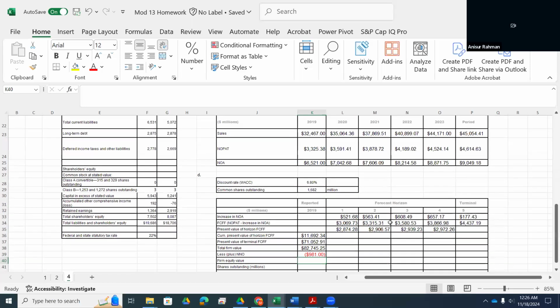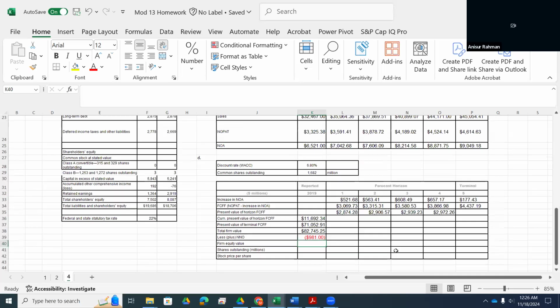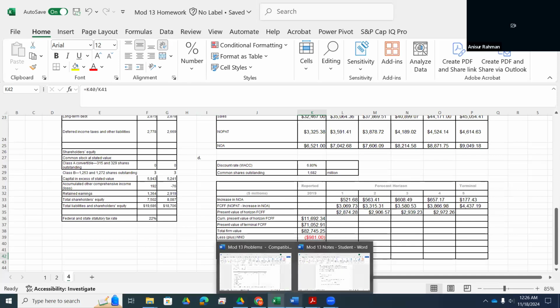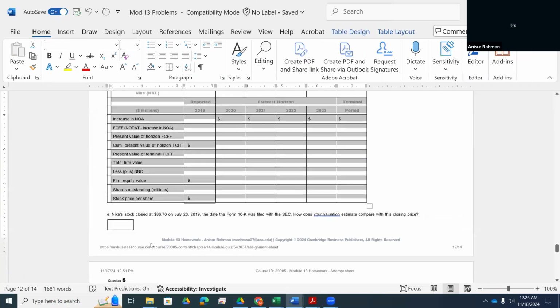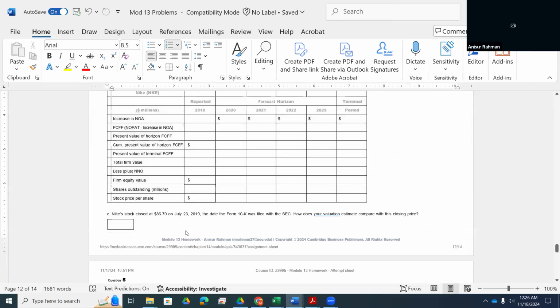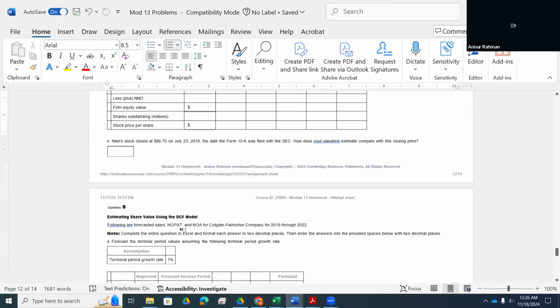We calculated actually. And then equity value is your total firm value minus your NNO. Shares outstanding is equal to this in million. Our numbers here are also in millions, so we are good. Stock price per share, firm equity value divided by number of shares. So 49.78. And then there is a theory question here. So I'll let you guys work on this.